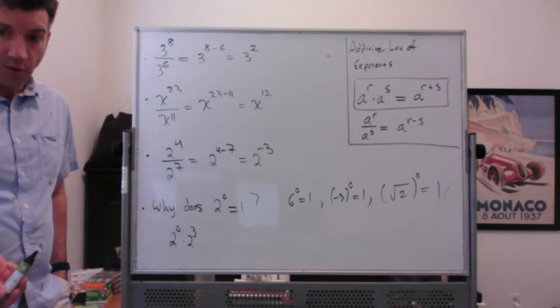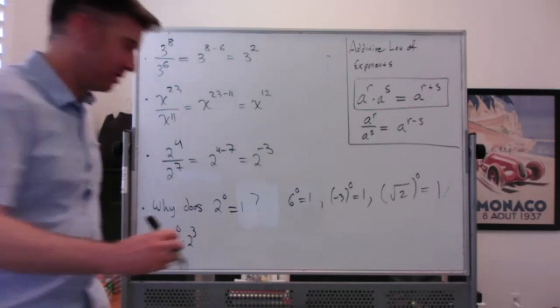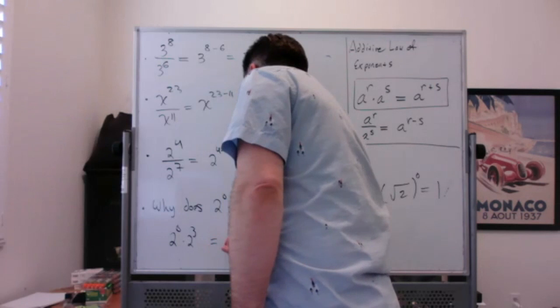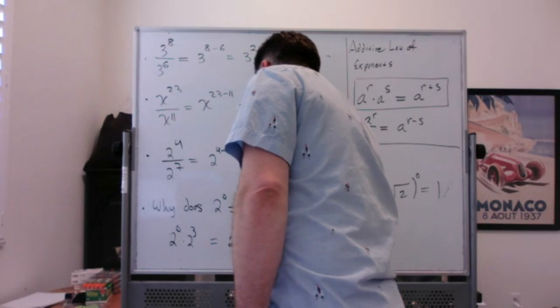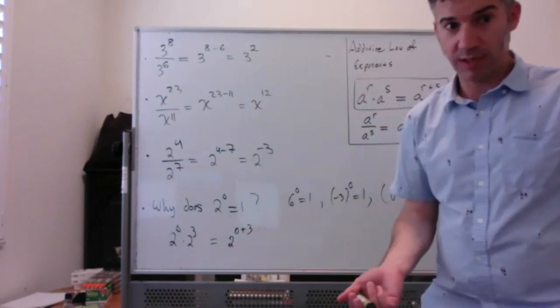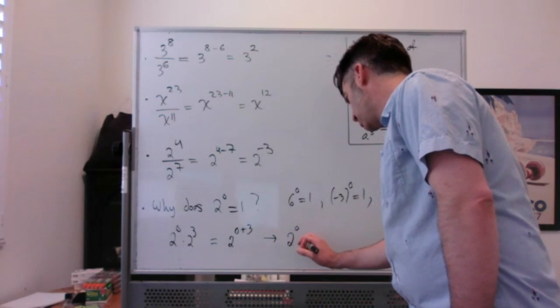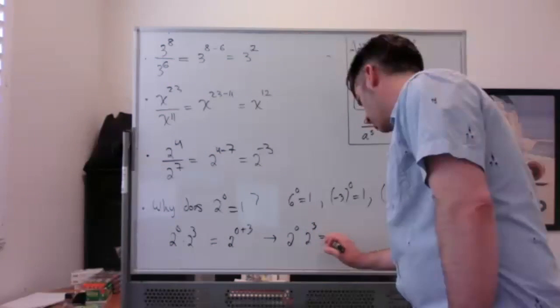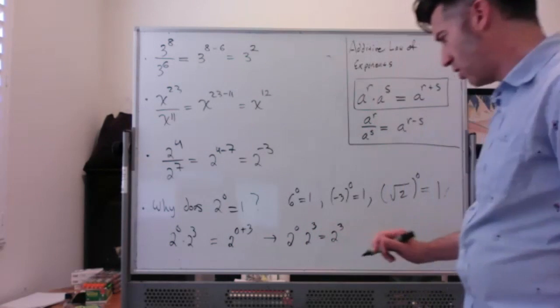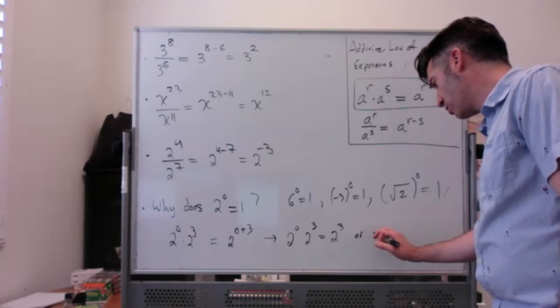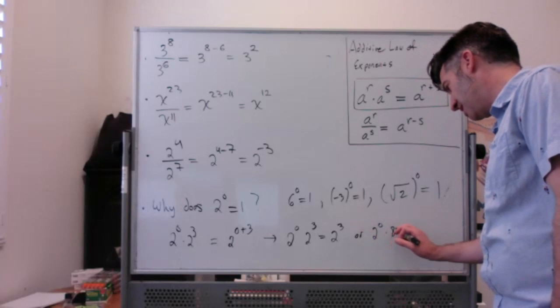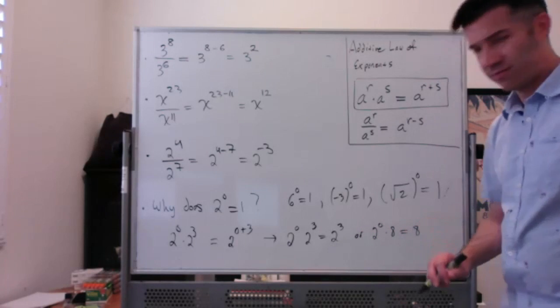If I multiply these together and add the exponents, I'm going to get 2 to the 0 plus 3. Okay, but I know what 0 plus 3 is. It's just 3. So my equation is 2 to the 0 times 2 to the 3rd equals 2 to the 3rd. Or if you prefer, 2 to the 0 times 8 equals 8.